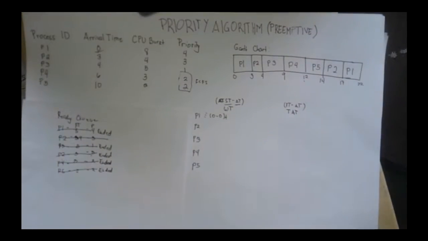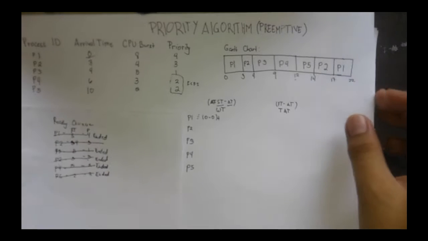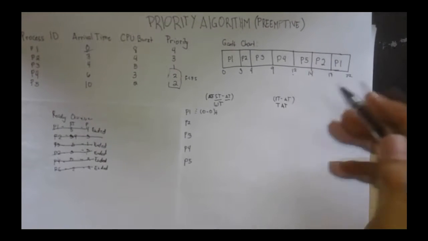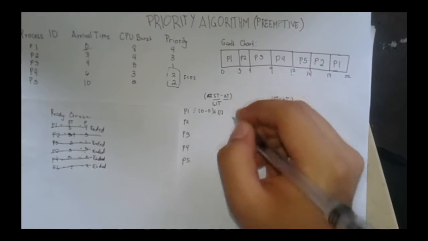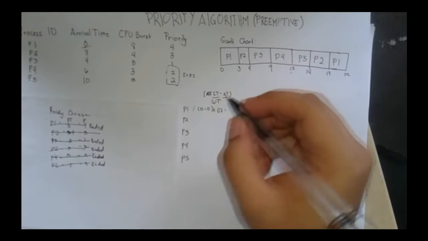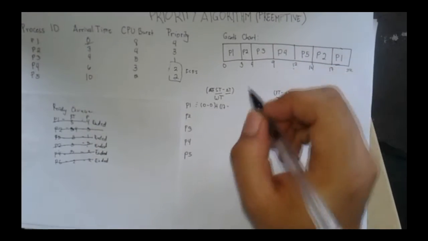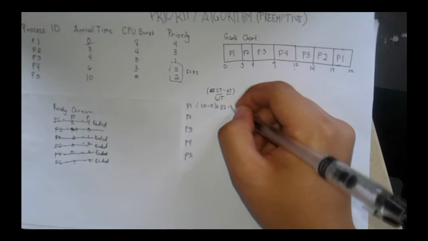Next we will look for another P1, because this is preemptive, so we will look for the other P1. Its starting time was 17 minus the finish time, so 3.